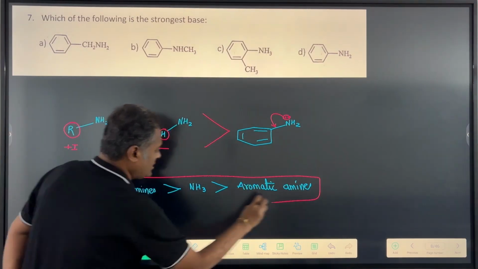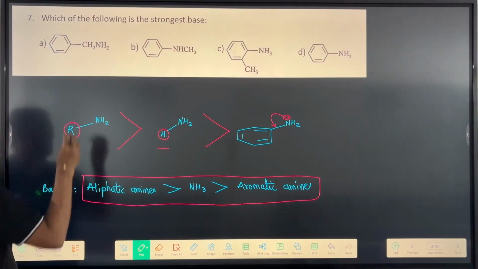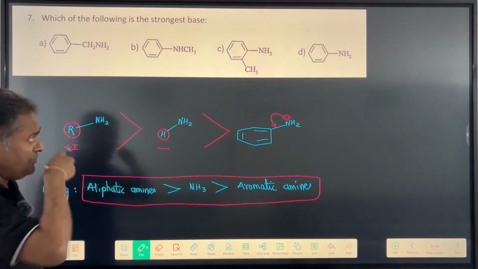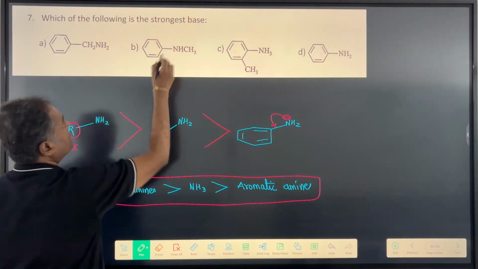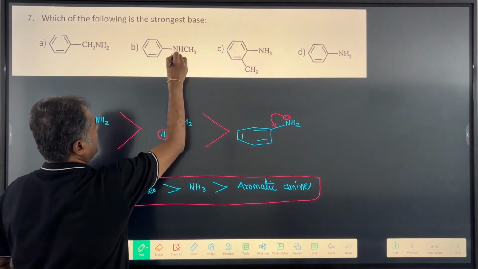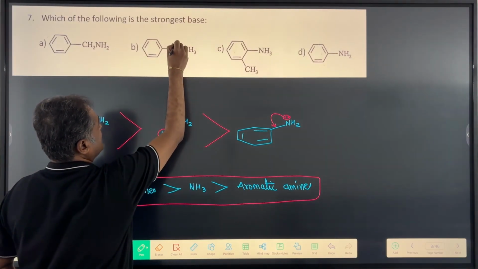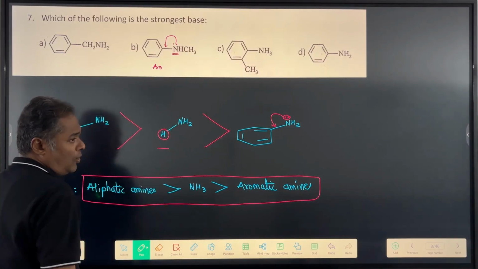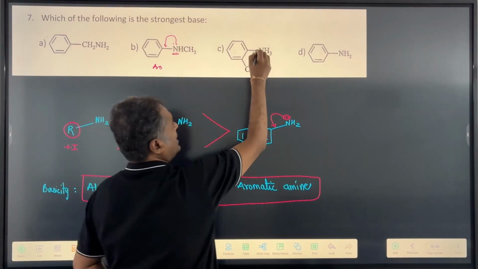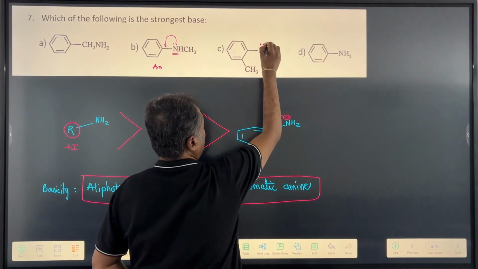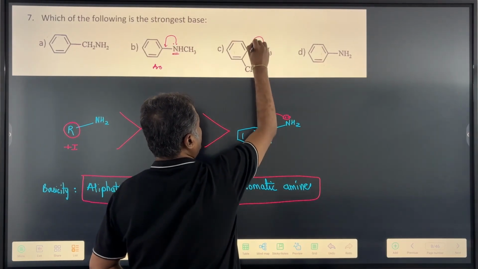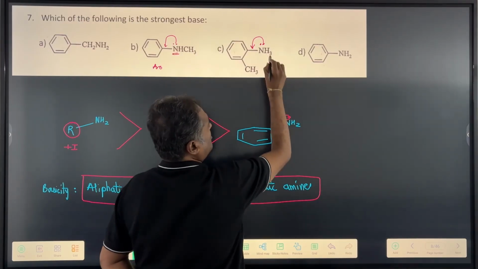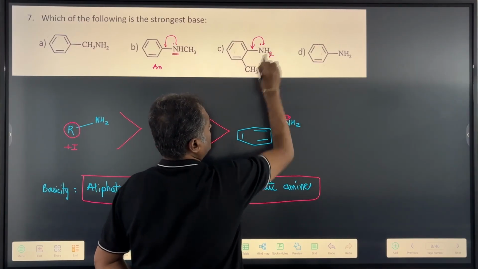Now let's take the question. They are asking which is the strongest base. First of all, in example B, is nitrogen directly attached to a benzene? Yes, it is an aromatic amine, correct? Now in example C, again your nitrogen is directly attached to a benzene, so it's again an aromatic amine. There is one small printing mistake, child; it should be 2 over here.